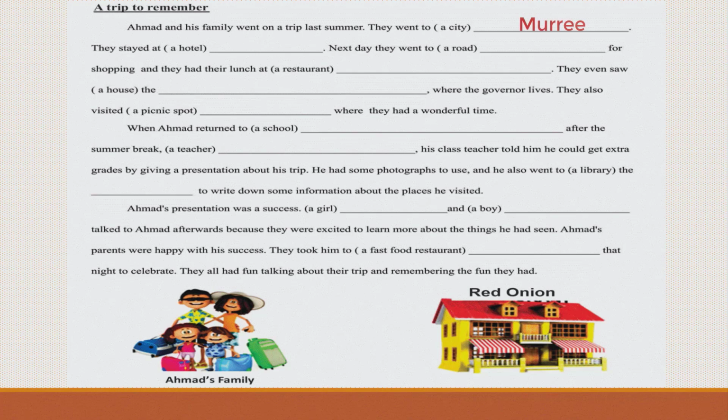Now which hotel? The name of the hotel written over here, the proper noun, is PC Bourbon. So we are going to write PC Bourbon over here, and remember we'll write it with capital letters, right? Because it is a proper noun, we are replacing the common noun with the proper noun and we are going to write it with a capital letter. PC Bourbon.